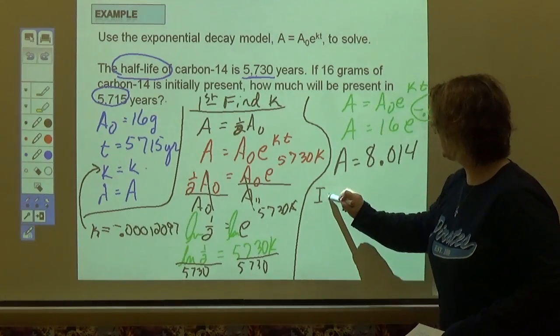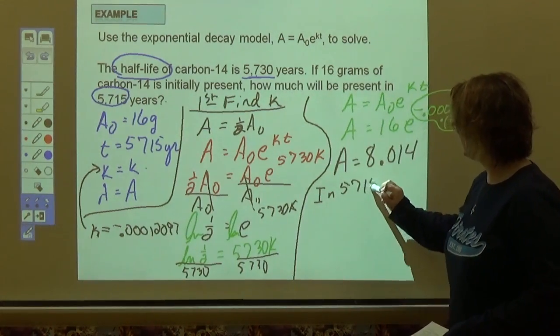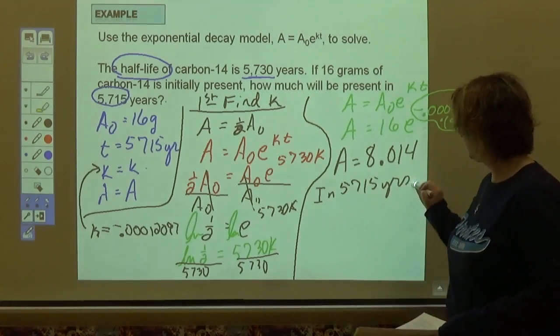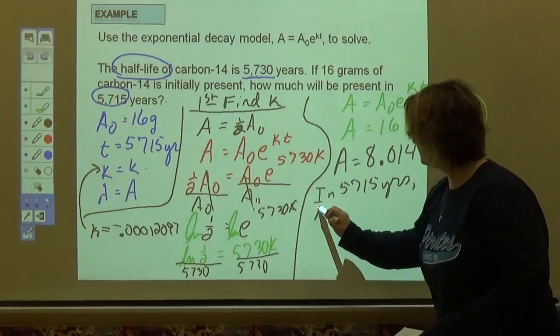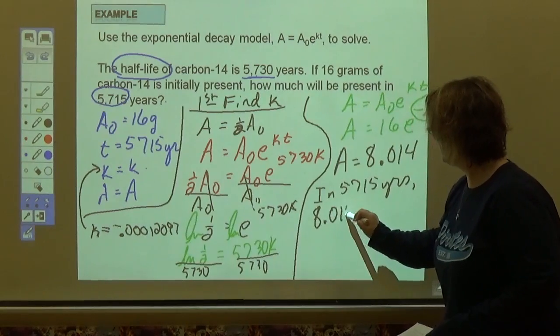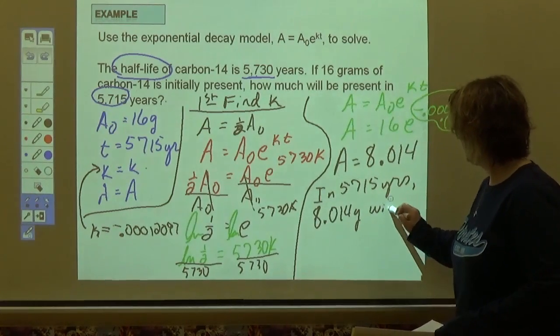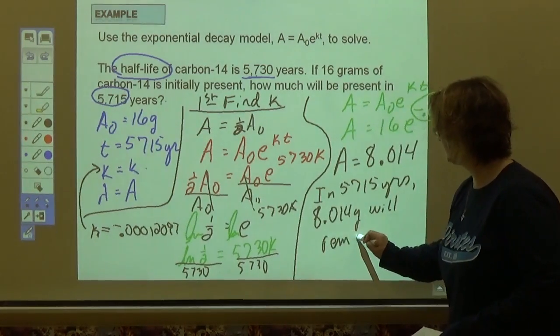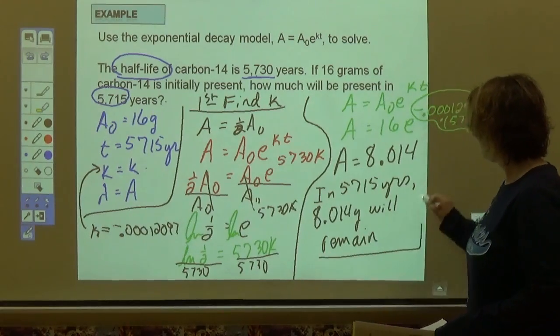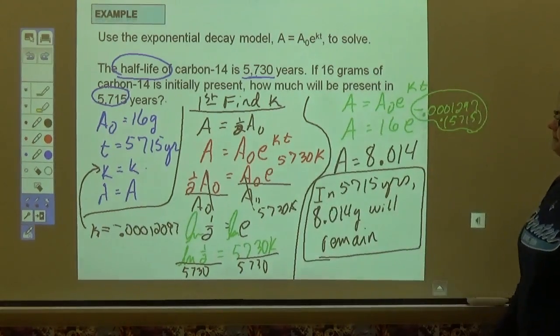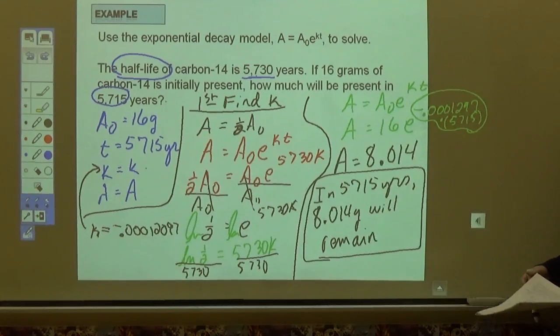So final answer, in 5,715 years, 8.014 grams will remain. But you had to figure out the k first.